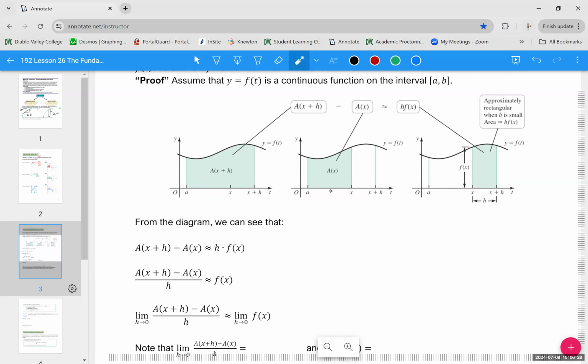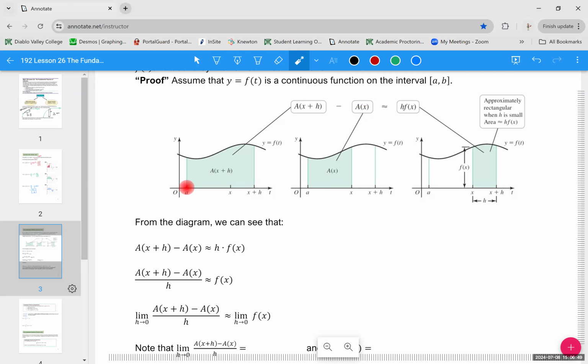In the first picture, we have a, and then we're going to x plus h. So similar to what we did in differentiation, you can see we have an x and an x plus h. So obviously in the second picture, the a to the x, this would be A of x.